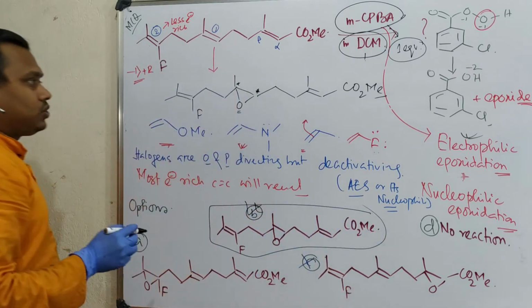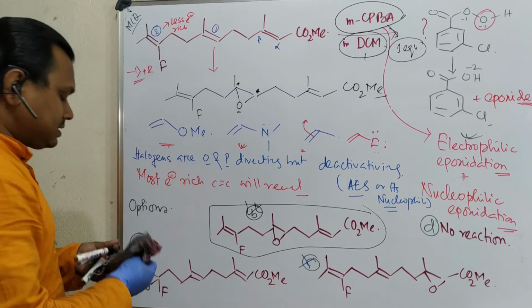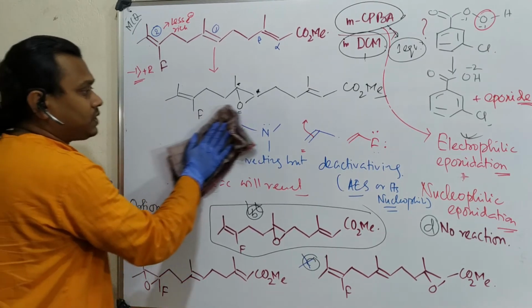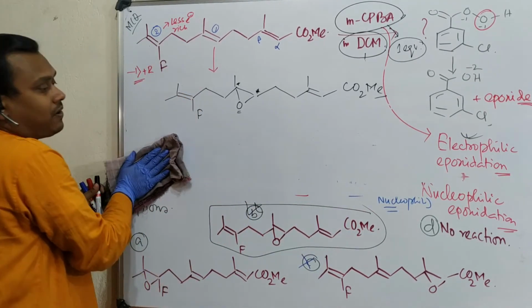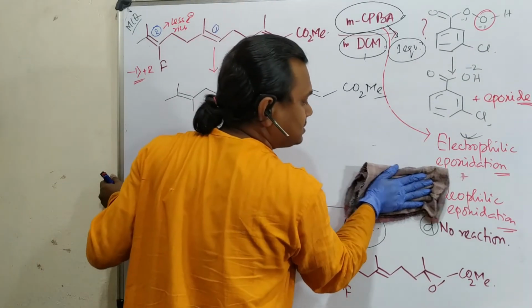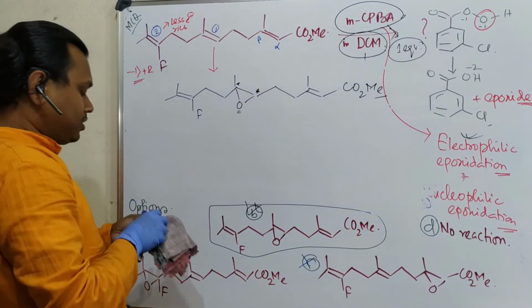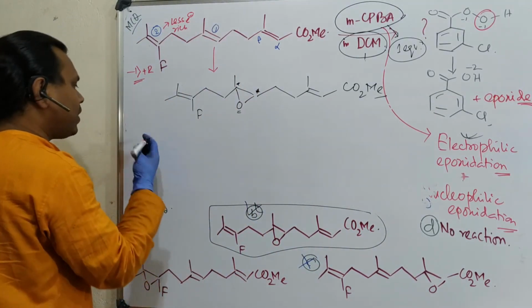Now, as I told, another thing I'll say: instead of this reaction, if hydrogen peroxide and sodium hydroxide are used, then what is that reagent? Remember, hydrogen peroxide and sodium hydroxide, what do they do?